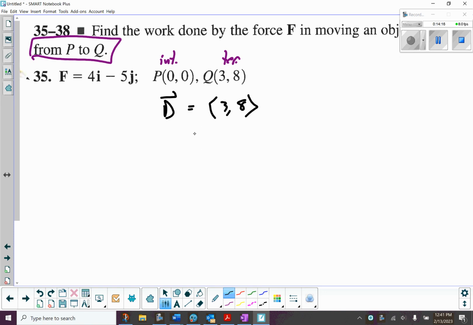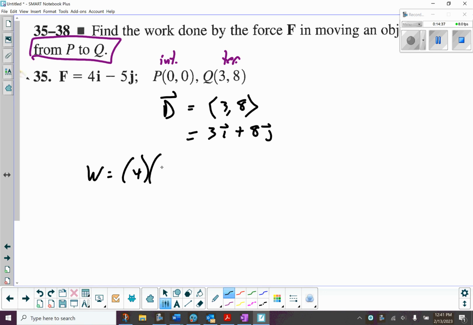Oh, wait a minute. F is given to us in unit vector form. So that's 4 times vector i plus negative 5 times vector j. Big deal. The work done is going to be the dot product.